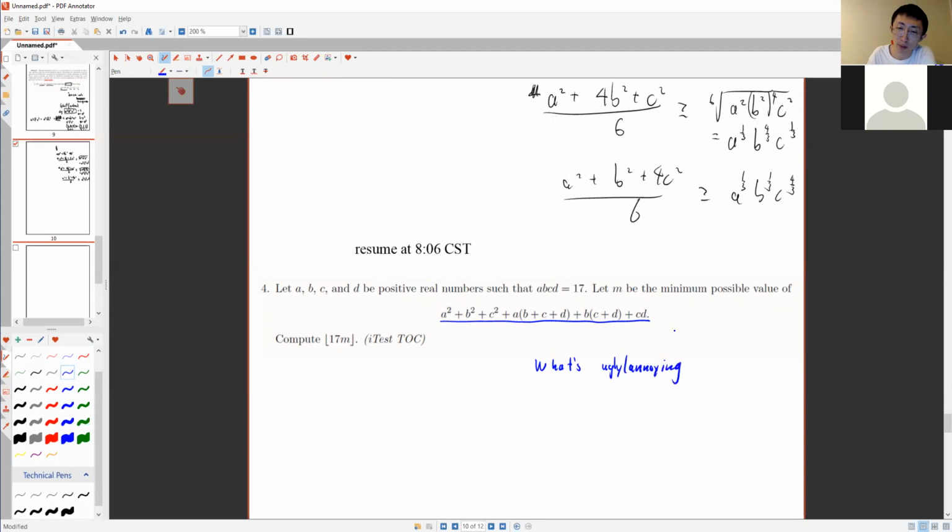Why can't we just apply AM-GM directly to this? So Drita says one of them has squares and others is products. Well, yeah, so we have different powers.